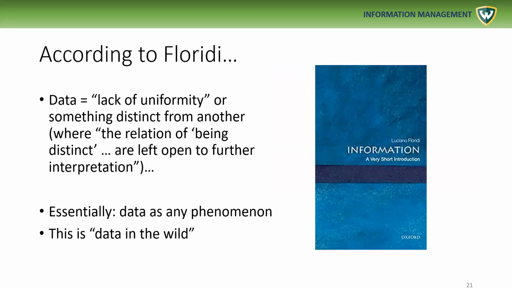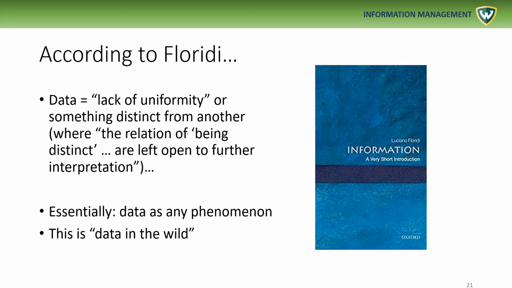According to Luciano Floridi, a very popular writer on information, he defines data as a lack of uniformity or something distinct from another, where the relation of being distinct is left open to further interpretation. That is, we can't really tell what it is distinct on, just something that is distinct.